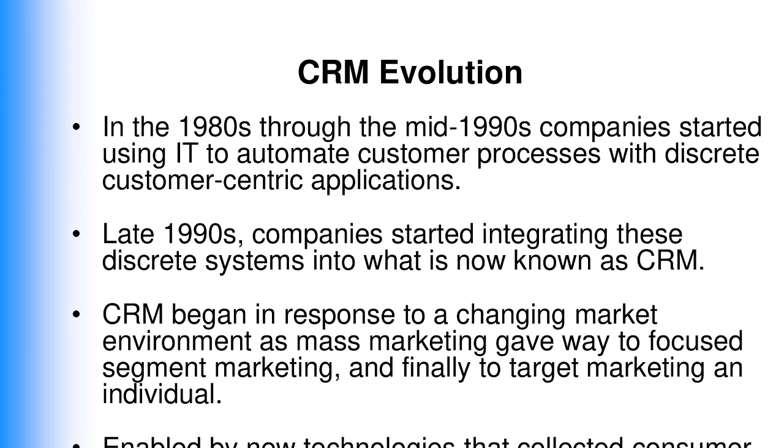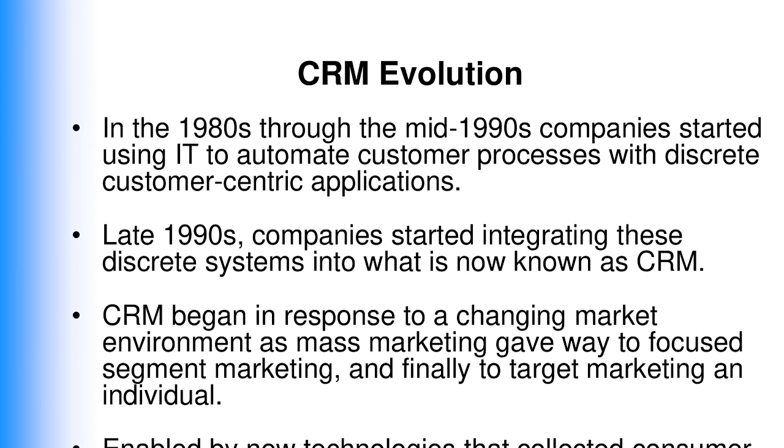So in the late 90s, all this was combined, integrating these various discrete systems, and they called it CRM. It began in response to a changing market environment, as mass marketing gave way to focused segment marketing, and finally to target marketing and individual marketing.